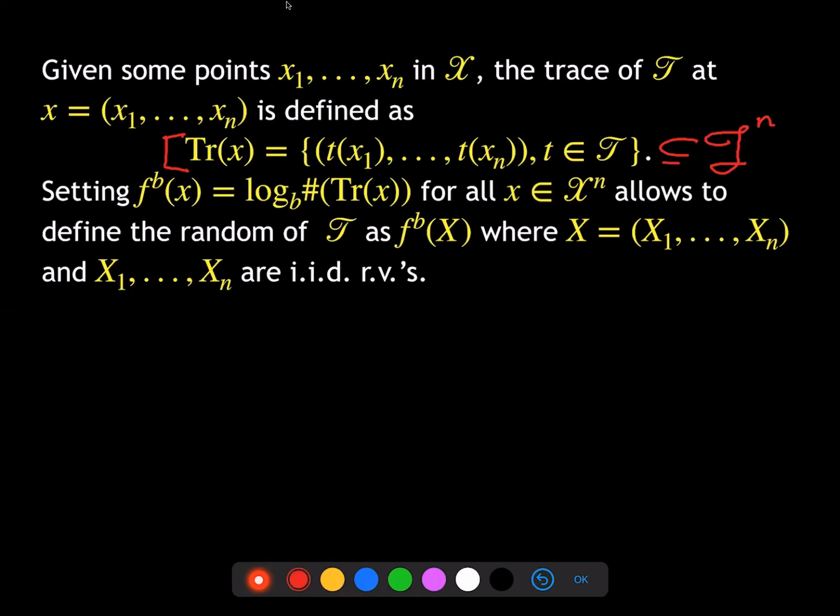And this is your function of interest, just because when you look at now a random sample in your space, this quantity is called the random entropy. This is random entropy.